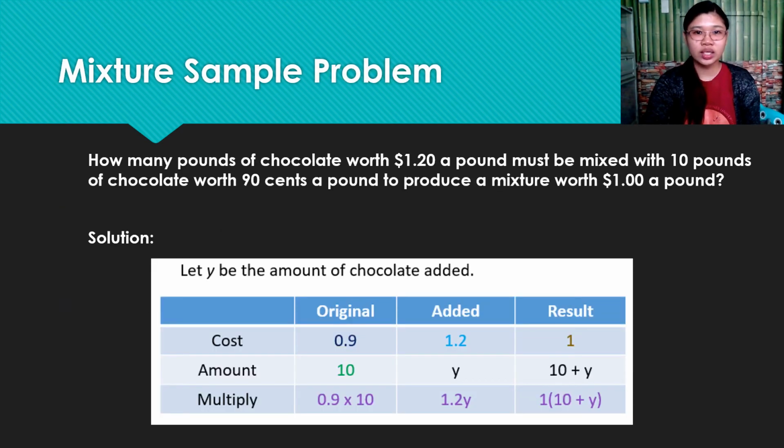So here it is, the mixture sample problem.